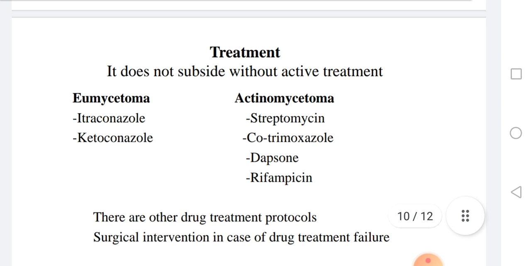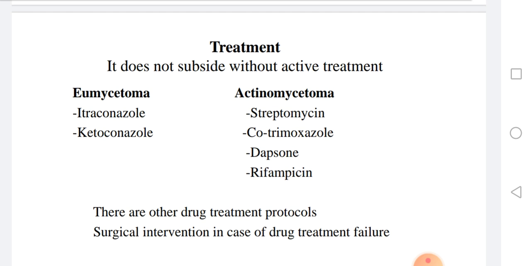Treatment, after knowing the causative agent, a fungus or a bacterium, you choose the right line. In case of mycetoma caused by fungi, you can give the antifungal drugs itraconazole, ketoconazole.